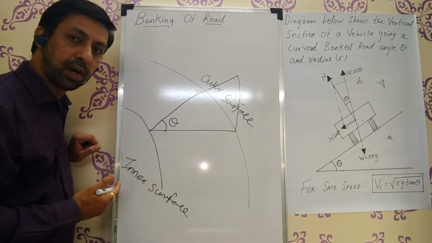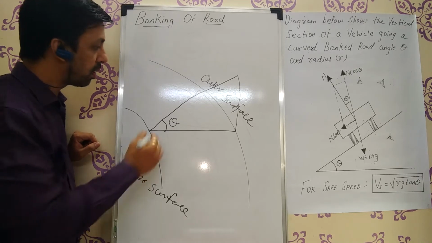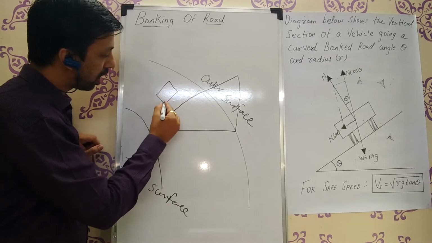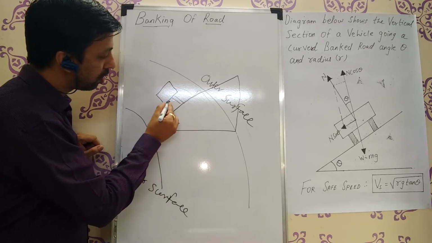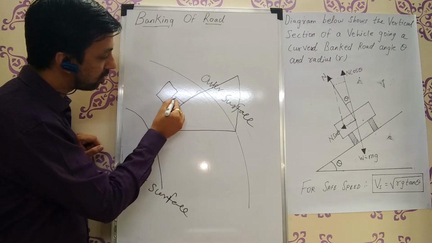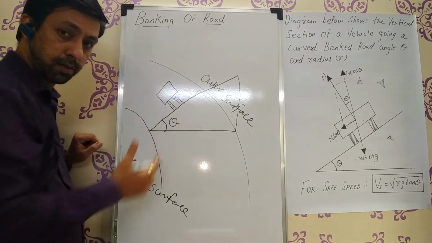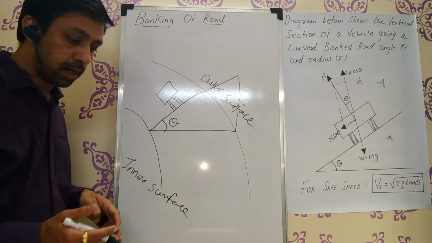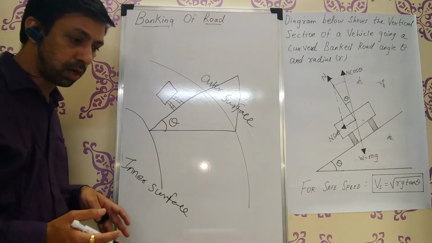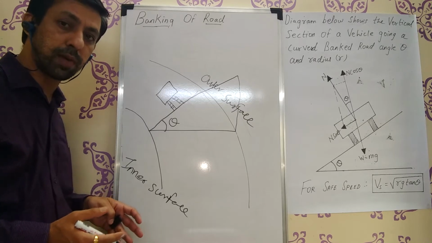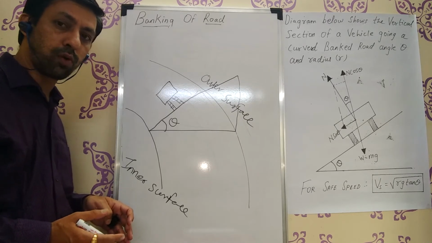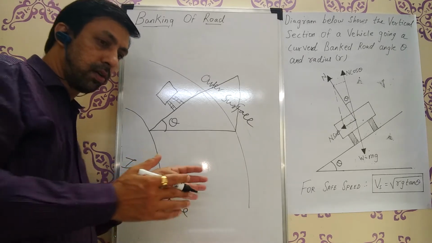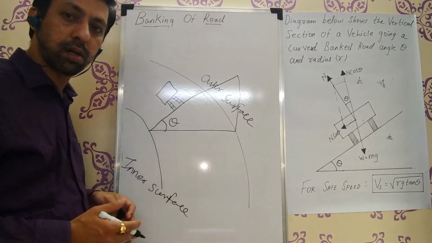So what is the advantage of banking of road? When we bank the road, the car or the vehicle will automatically tilt. Like when you see a bike rider taking a turn along a curved surface which is banked, automatically the weight of the bike rider is attracted towards the center.